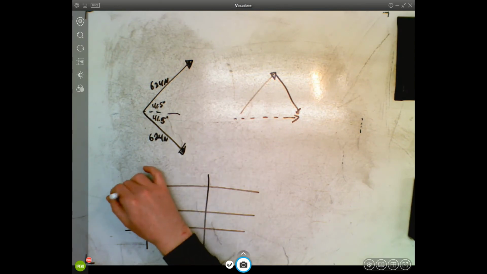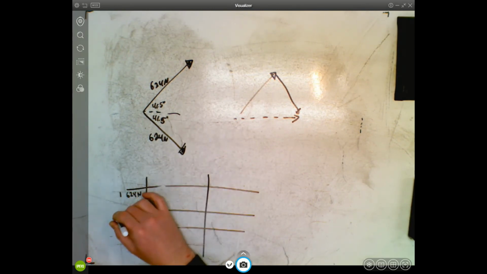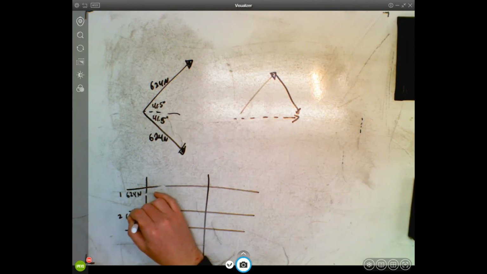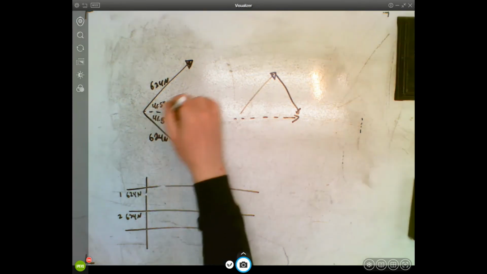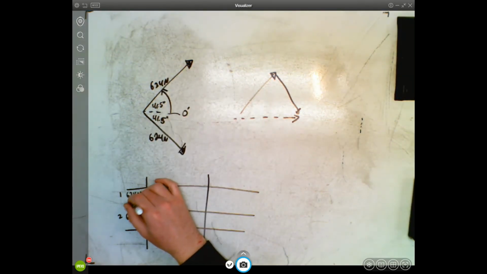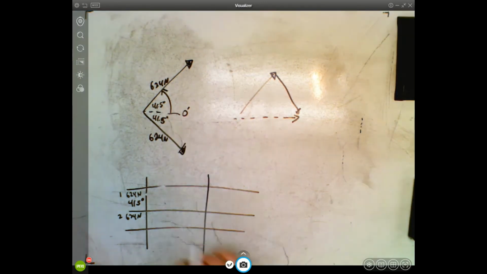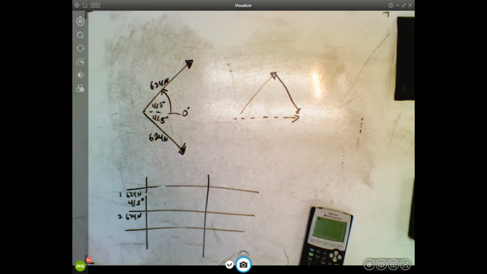Okay, so vector 1 has a magnitude of 624 newtons. Vector 2 is 624 newtons. And then in terms of RCS, this is 0 degrees. So this is going to be 41.5 degrees. And then this one is going to be 360 minus 41.5, so it's going to be 318.5 degrees.